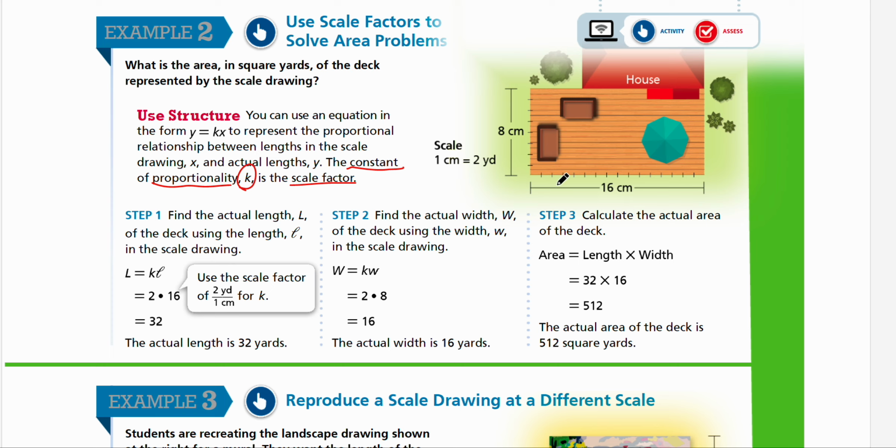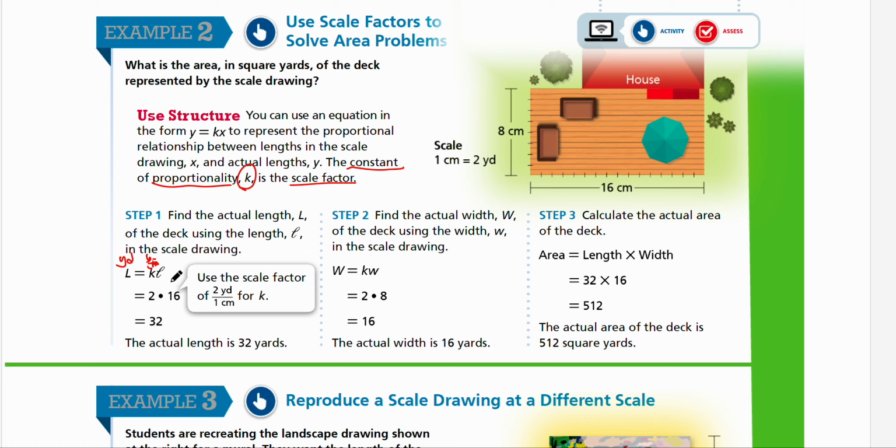So we want to find the scale factor too. The scale is 1/2, like 1 centimeter to 2 yards. So the actual length L is the actual length in real life. You can use the scale factor 2 yards per centimeter, right? So L represents yards. K, the scale factor, is the conversion rate. So how many yards per centimeter, right?